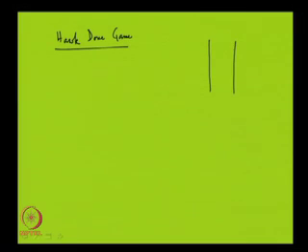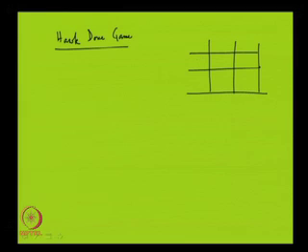Now, this is the hog-dove game. To refresh our memory, the hog-dove game that we were familiar with looked like the following. So, this is aggressive or the hawk action and this is the passive action.